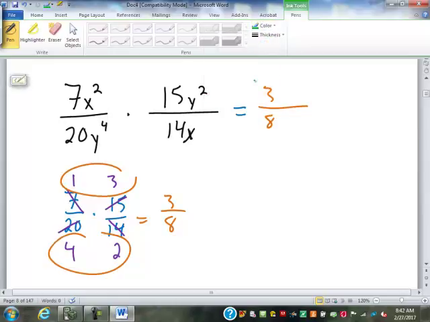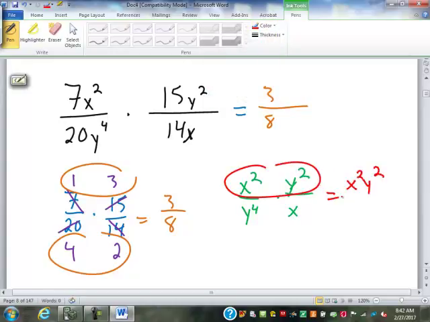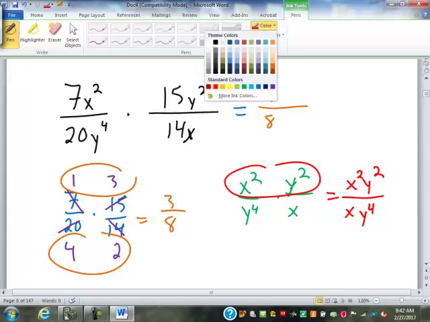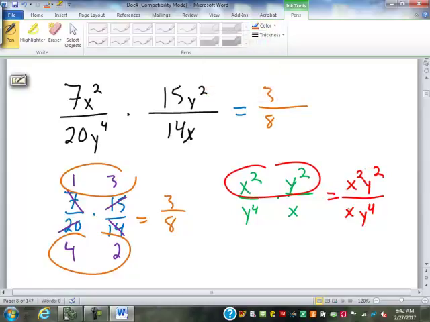Now to get the variable part, I'm just going to pull out the variables. I'm going to go ahead and multiply. Well, x squared times y squared is just x squared y squared. y to the 4th times x is just x y to the 4th. I did put them in alphabetical order just because it's easier to have them in that order. And now it's just a matter of reducing again. x squared over x.